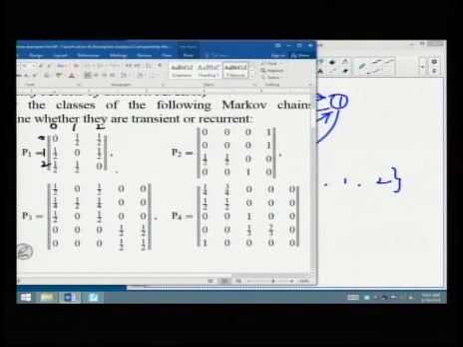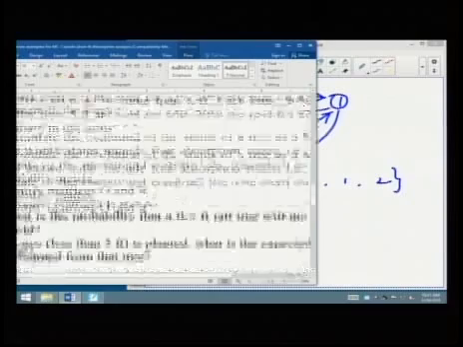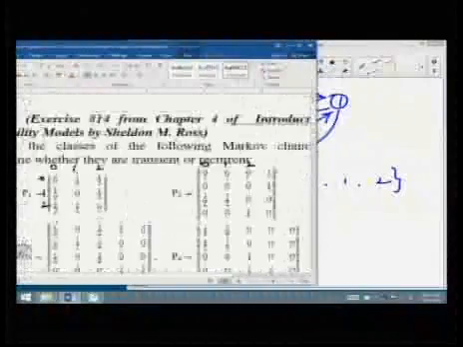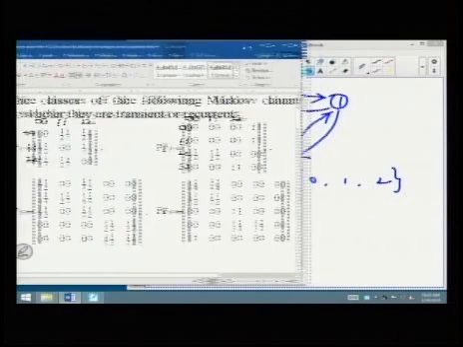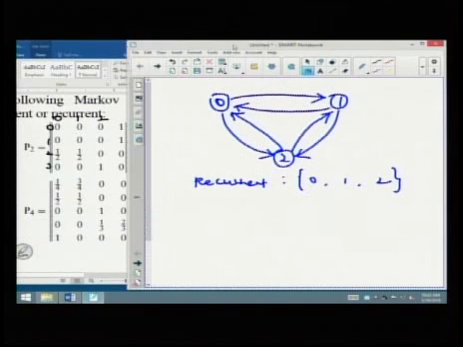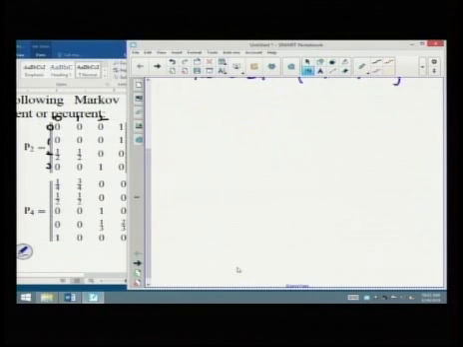So again, let's say we have 0, 1, 2, 3. So this time we have 4 different states: 0, 1, 2, and 3, right?